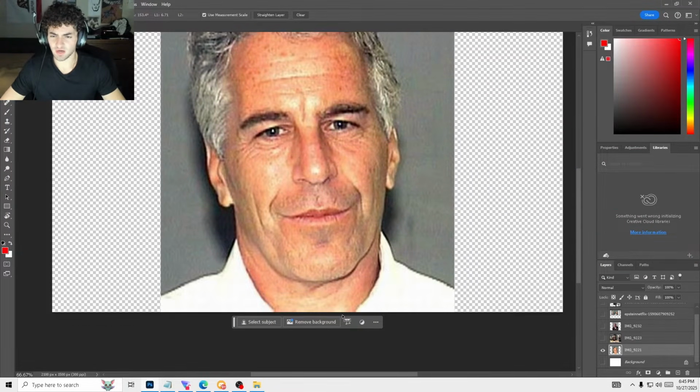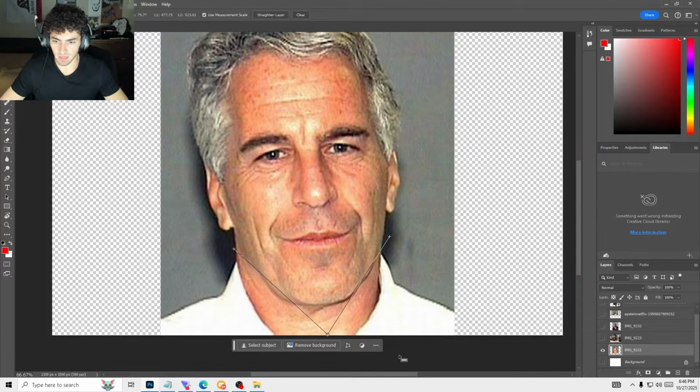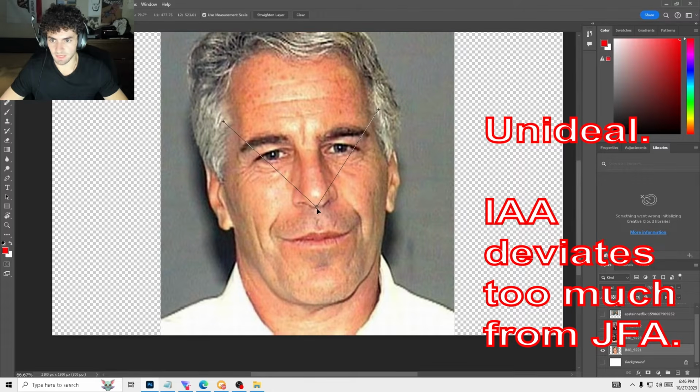The next ratio we've got is the jaw frontal angle, and for Mr. Epstein, it comes out to roughly 80 degrees, I'd say. You typically want a jaw frontal angle of 85 to 95 degrees, but as you can see, Jeffrey Epstein's is 80. Another important ratio is your ipsilateral alar angle, which typically is meant to align with your jaw frontal angle. But as you can see for Jeffrey Epstein, it's not quite the case.